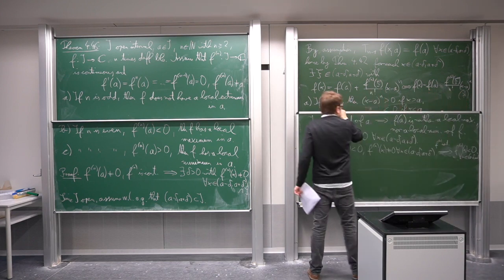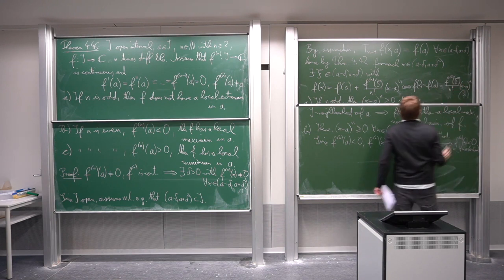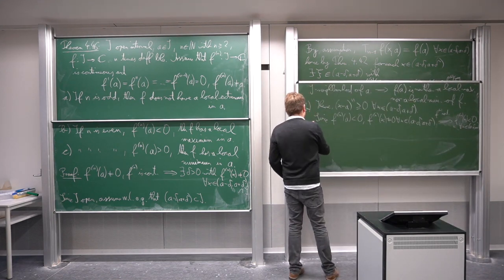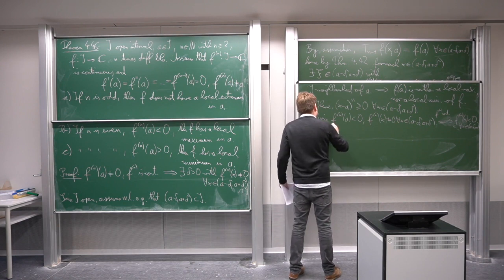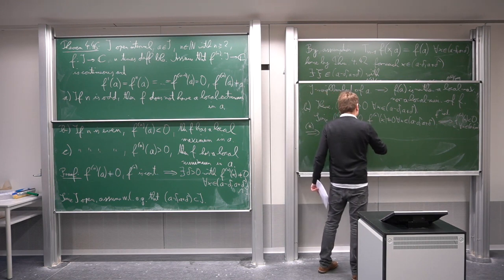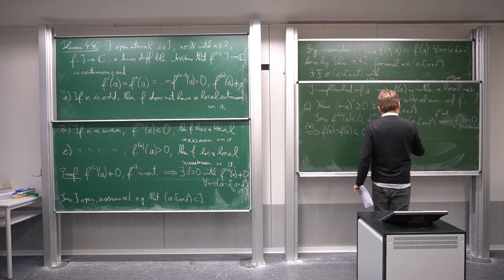So here it follows, since non-negative, non-negative, negative, from the expression star that f of x minus f of a is smaller than or equal to 0 for all x in a minus delta, a plus delta.